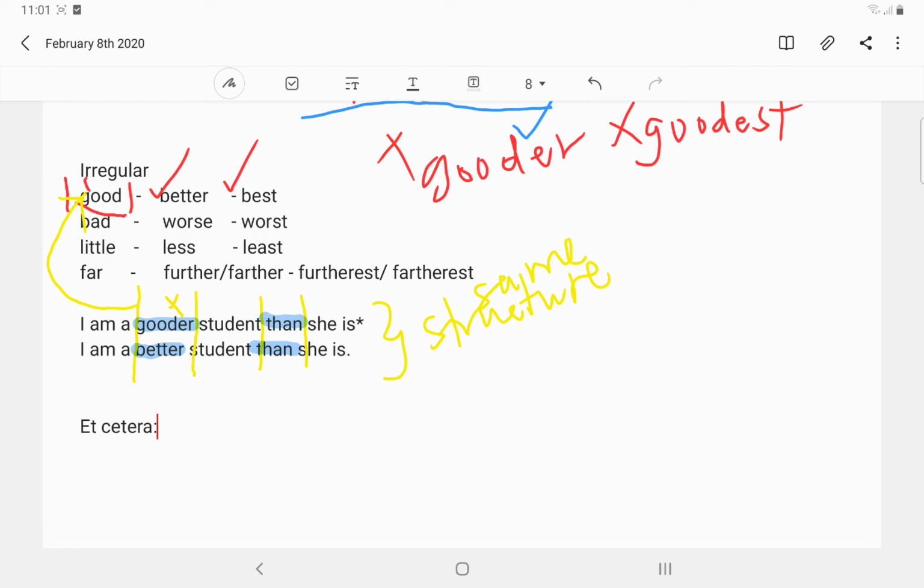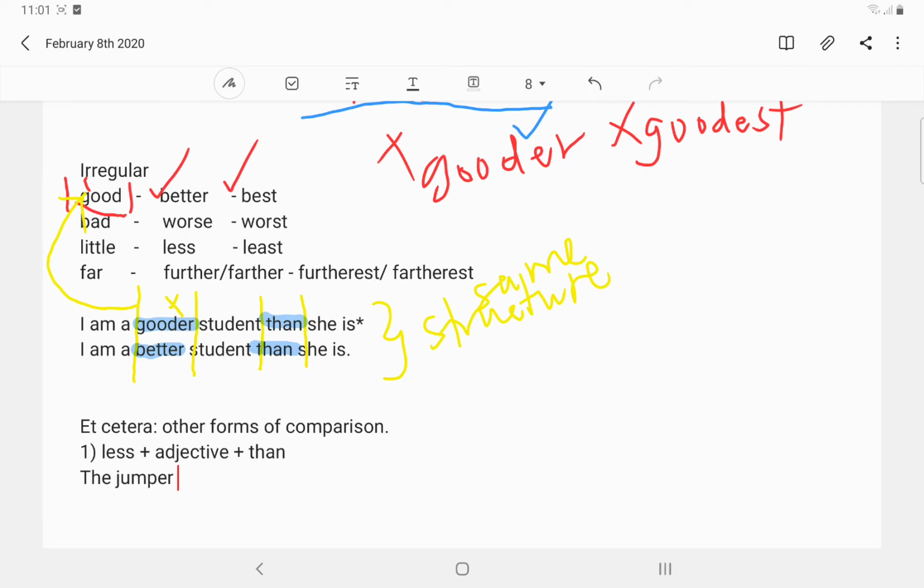Etc. or the other forms of comparison. Okay, so the first one, for example, is less plus adjective plus than. So the instance: the jumper.